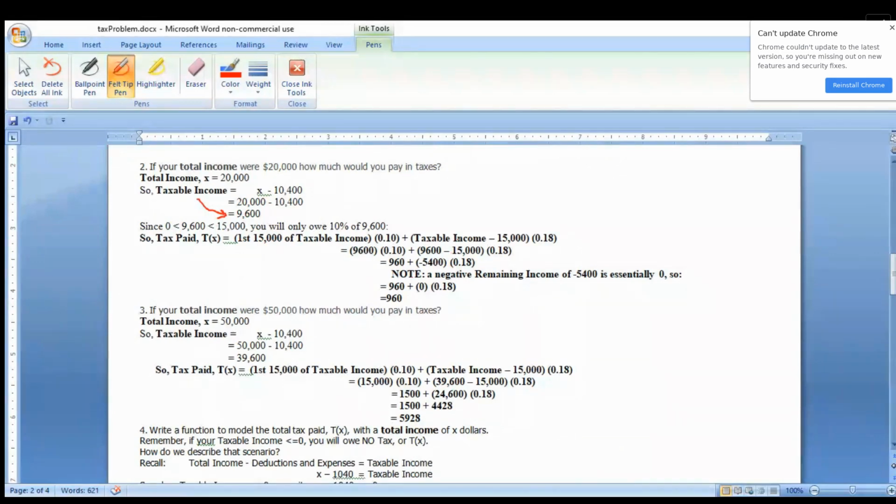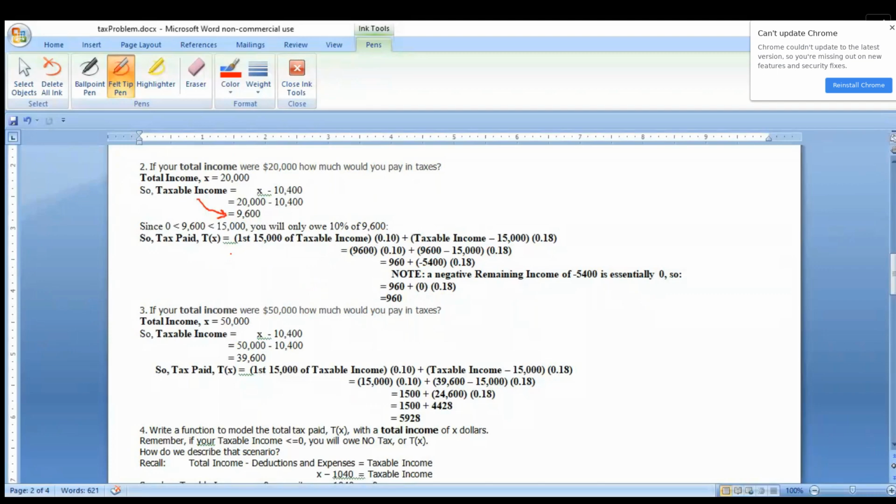Taxable income minus the 15,000 we accounted for gives us a negative 5,400. A negative remaining income of 5,400 is essentially 0. So 0 times 18% would be 0. So yes, we only had to do the left side of this equation.